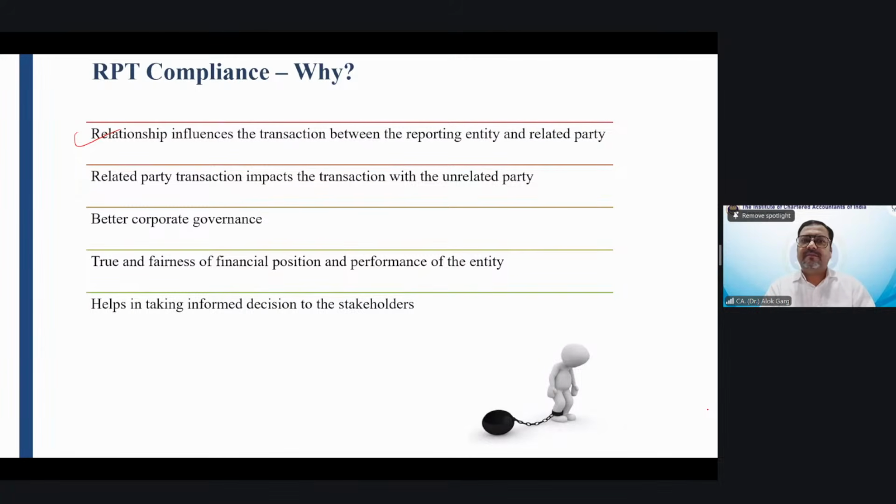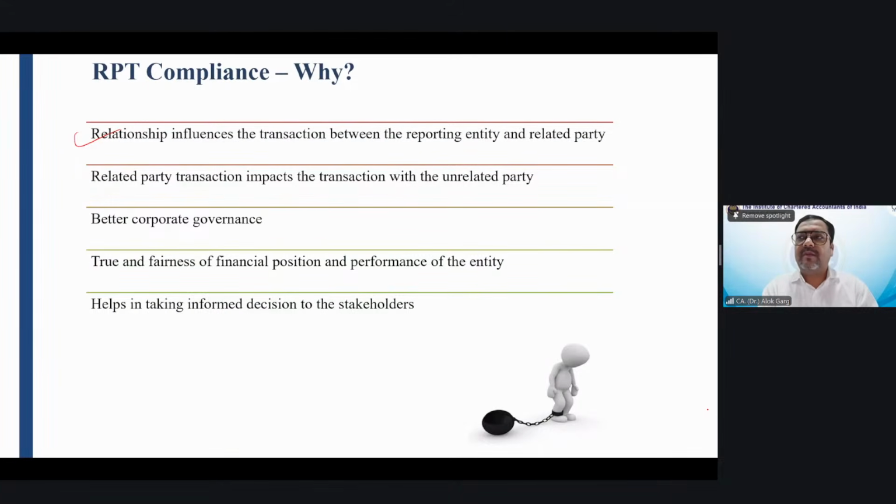Okay, because it's a parent subsidiary relationship, it's more like a family matter, right? Because it's a parent subsidiary relationship, there is no risk to the subsidiary that the money will come or not come, because the parent is controlling. So this subsidiary raised the invoices to the parent for 400 crore rupees.